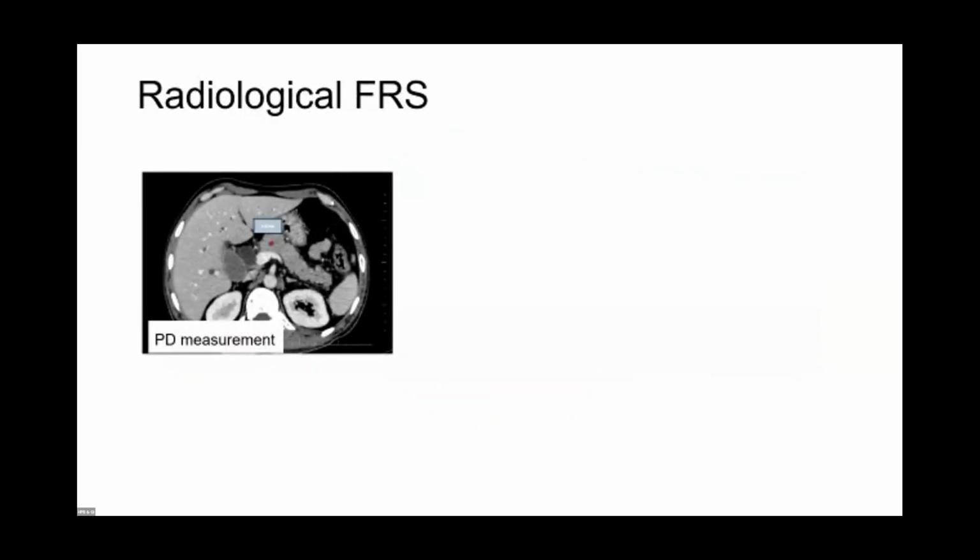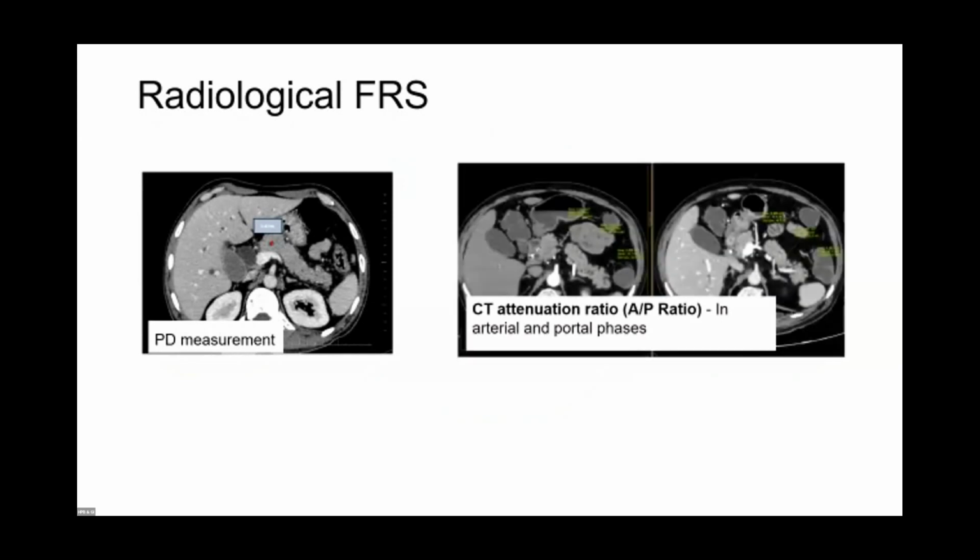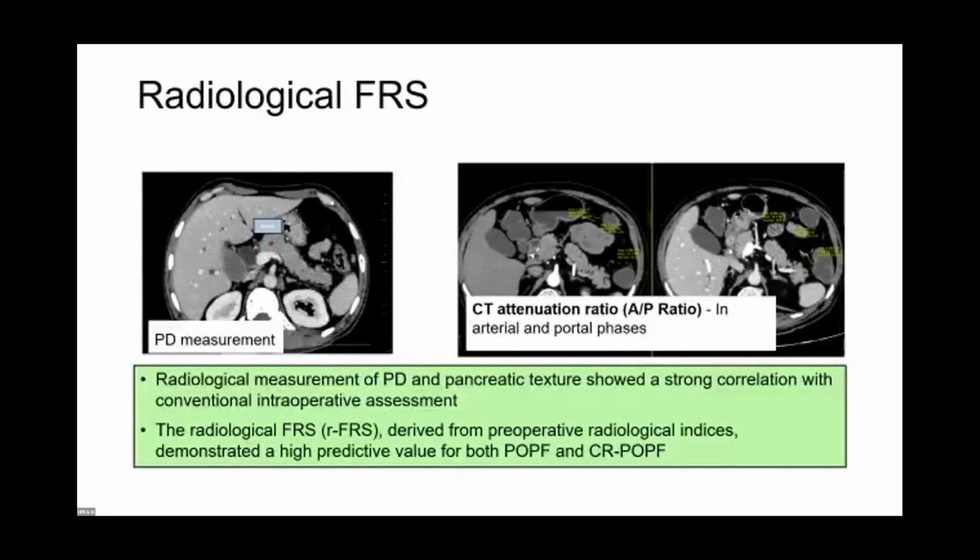There are several groups which have worked on radiological parameters, and we did a small study, looked at how the PD diameter and the AP arterioportal enhancement reflects or correlates with intraoperative texture and diameter, and it correlated very well. And when we substitute this in the alternate fistula risk score, it correlated very well with the occurrence of clinically relevant postoperative fistula.